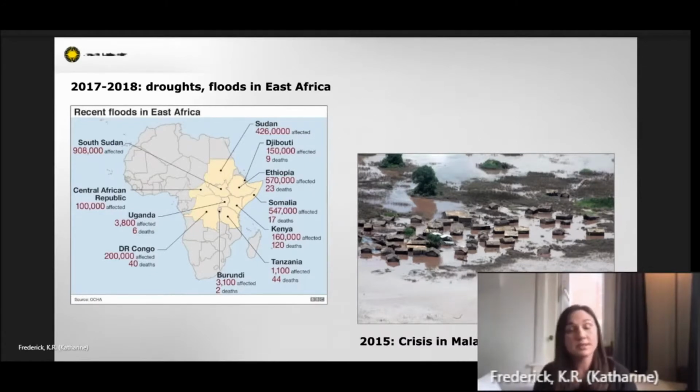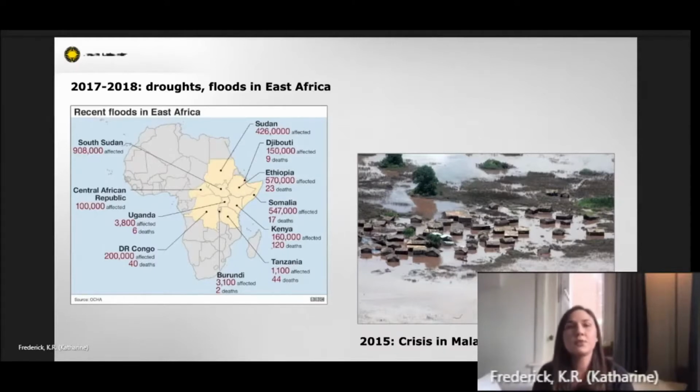A very recent example is 2018, when floods raged across East Africa, as a year of extreme drought in 2017 was immediately followed by excessive rainfall, leading to a humanitarian crisis throughout the entire region. Similarly, back in 2015, the wet season, so the rainy season in Malawi and Mozambique, a bit further to the south, came much later than usual.